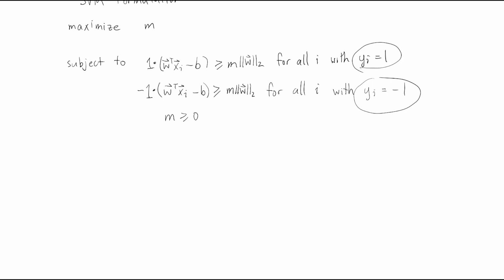Well, actually, if you look at what I just put in front, the 1 here would always equal yi for the first line, and the -1 here would always be equal to yi for the second line. So now we can replace the 1 and the -1 in the front with yi.